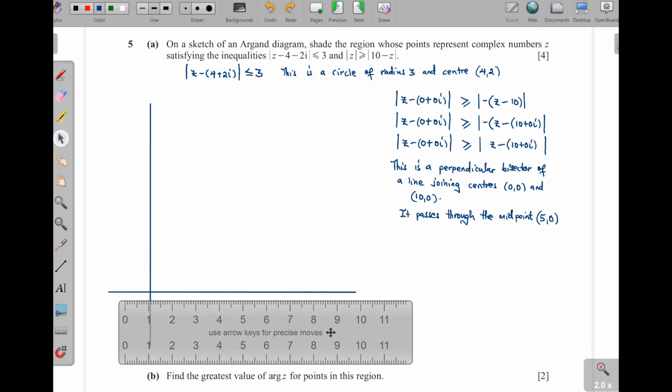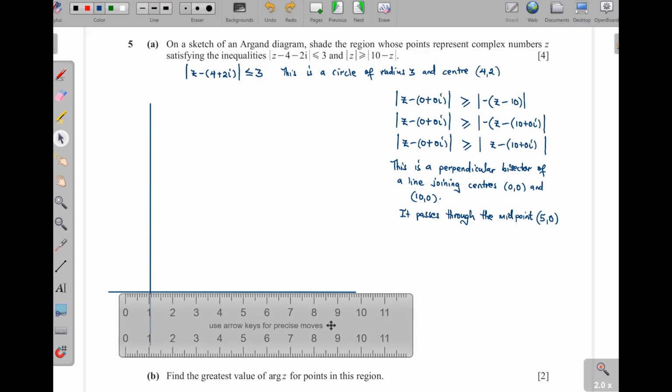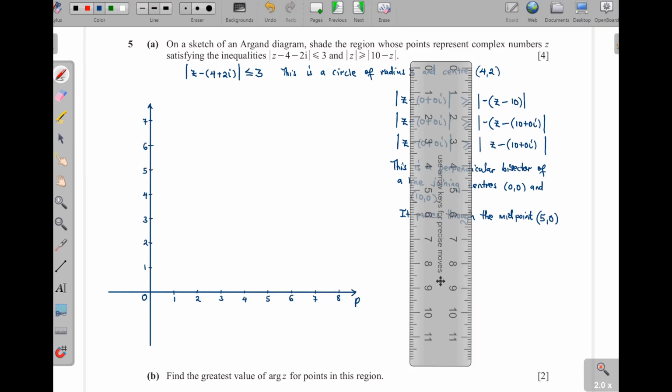They said it is a sketch, but you produce something that is looking good. So you put your ruler here. You can also do the markings. And then I put 1, then 2, like that. Okay. I do the markings, because later when I put my compass on this ruler here and I draw, it will be passing through those points very well. Okay. So let us put the markings. So we also do the same thing here. Okay. So this is the real axis, and this is the imaginary axis.